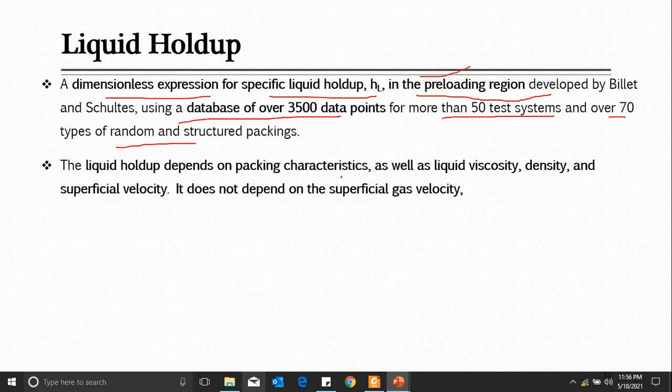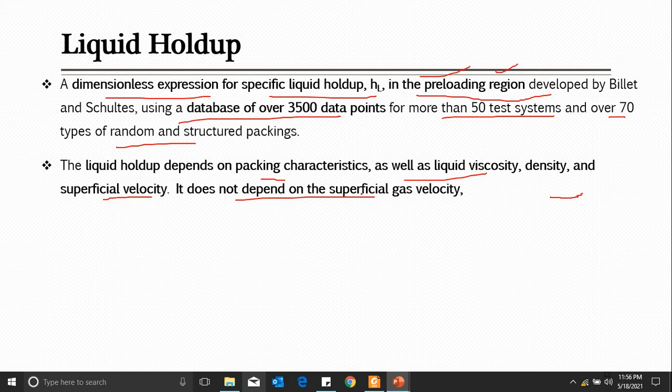What they concluded after analyzing all these data is that liquid holdup depends on the packing characteristics, as well as on the liquid velocity, density and viscosity, but not on the superficial gas velocity. Due to this reason, in figure 6.35 you have seen this in the preloading region.